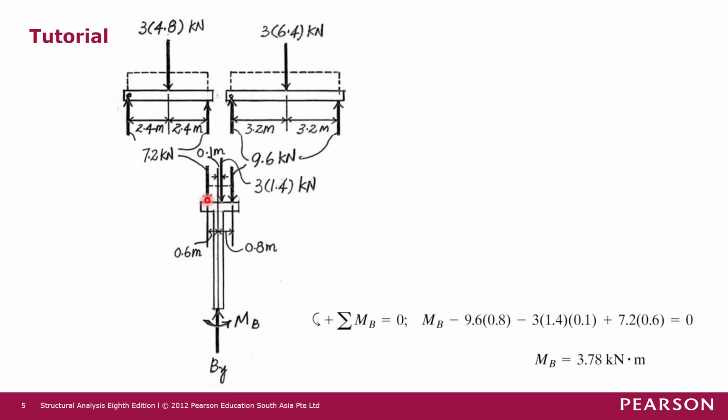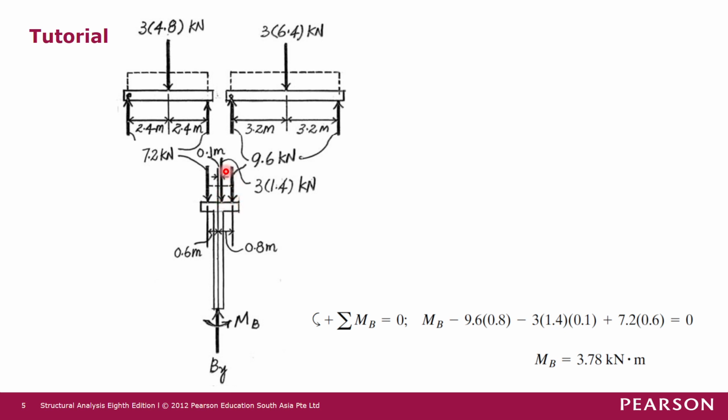And then don't forget that there is a uniformly distributed load also on this part of the structures. So the length is 0.6 meter plus 0.8 meters, so it's 1.4 meters in total. And then the UDL is 3 kilonewton per meter length.